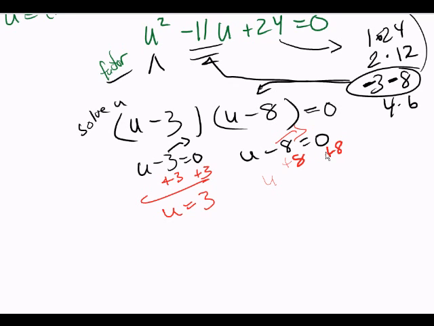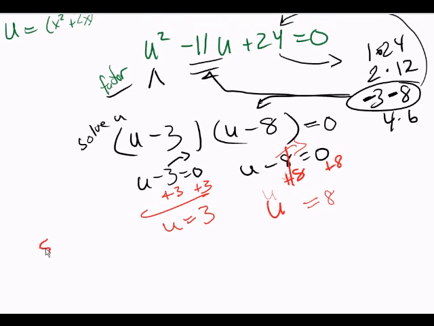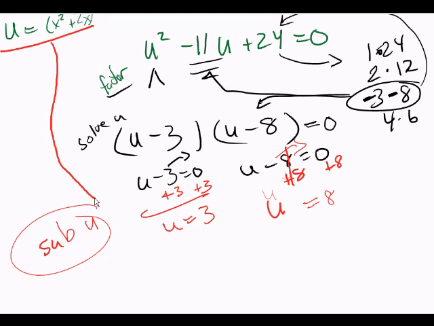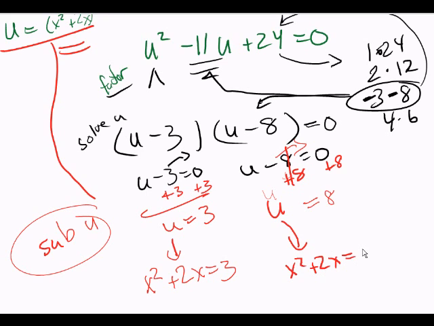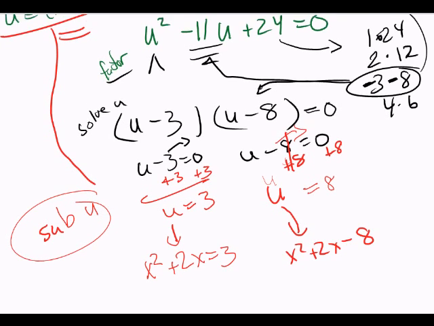Get the 8 to the other side, and I get u equals 8. Now we're going to go back and find out what u equals. Now we're going to substitute the u. Up here, u changes to x squared plus 2x equals 3. The u changes to x squared plus 2x equals 8.